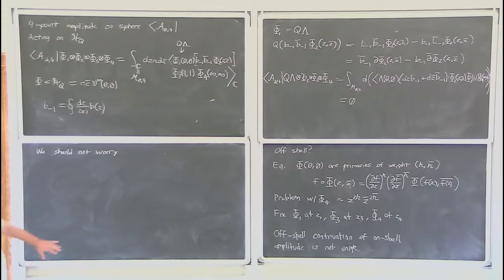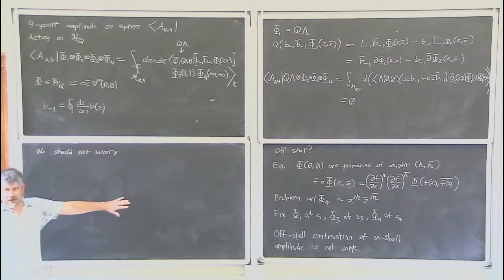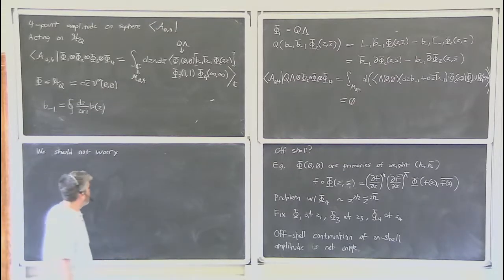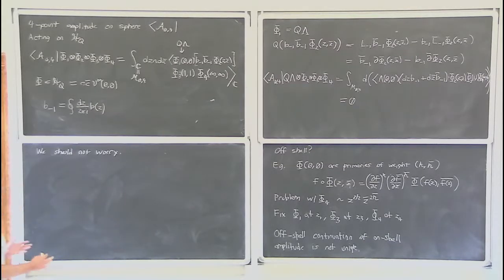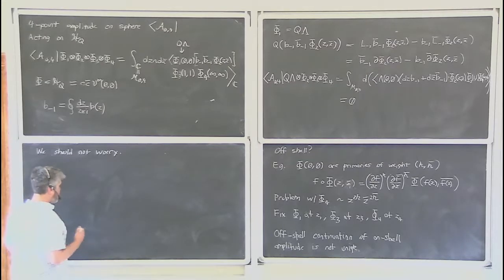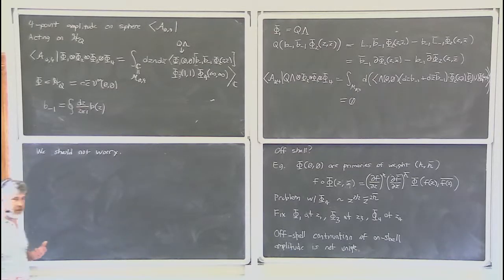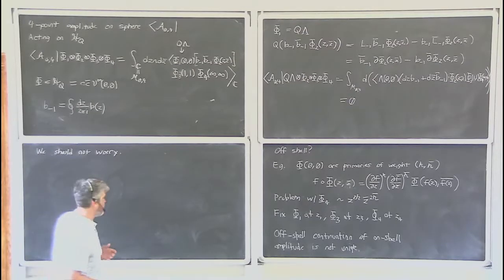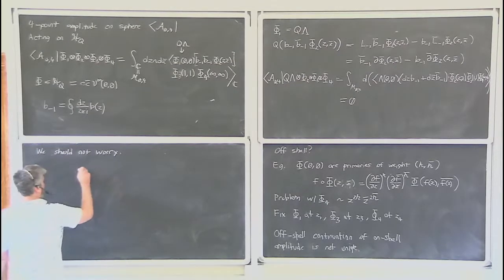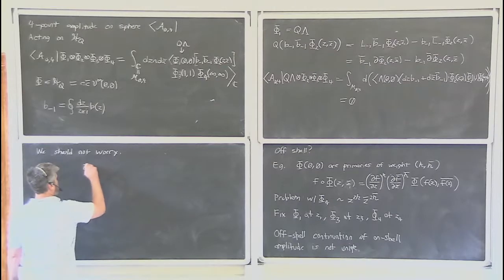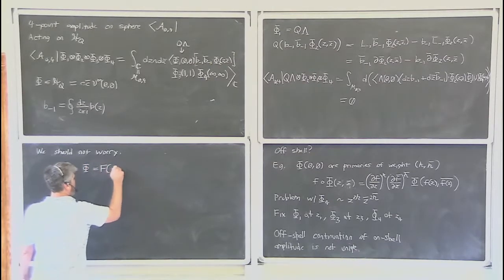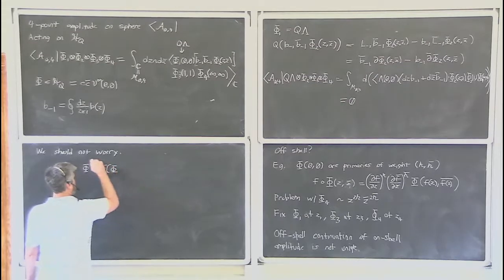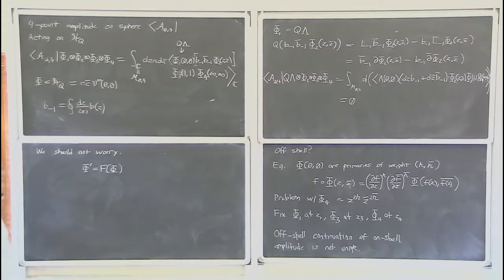So though the off-shell amplitudes are not unique, this ambiguity at the level of closed string field theory corresponds to the ambiguity of field redefinition. So we are free to take our closed string field and generate a new one, okay?